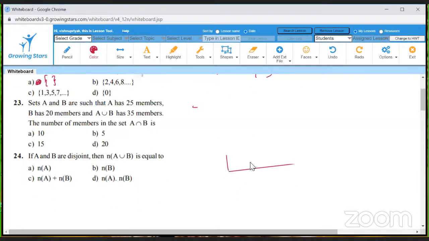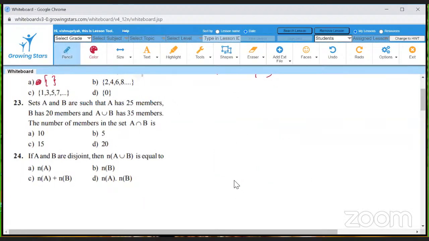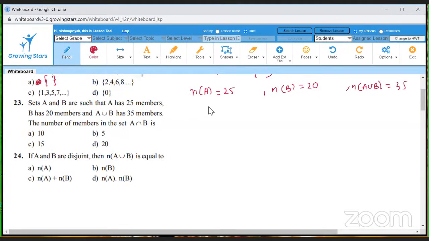Okay, 23. Sets A and B. Number of members in set A 25, number of members in set B 20, and number of members in A union B 35.